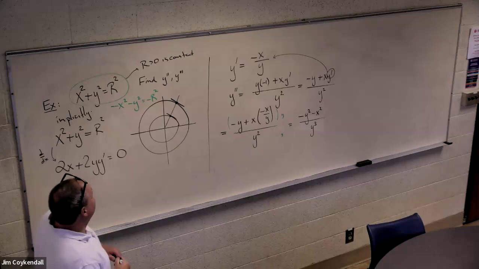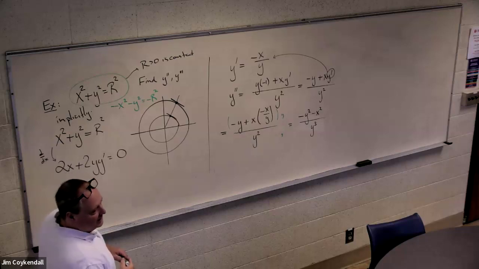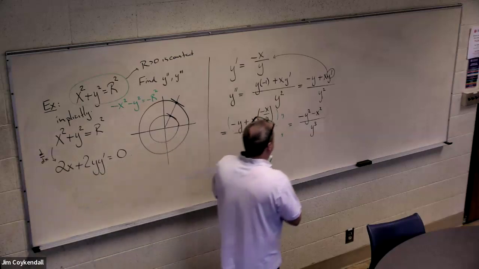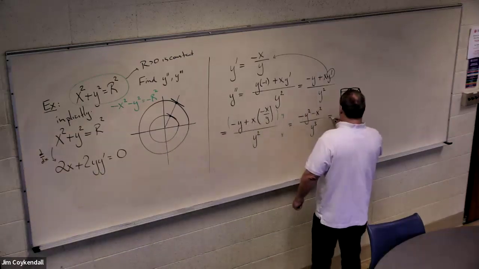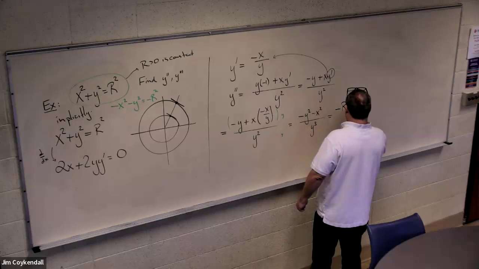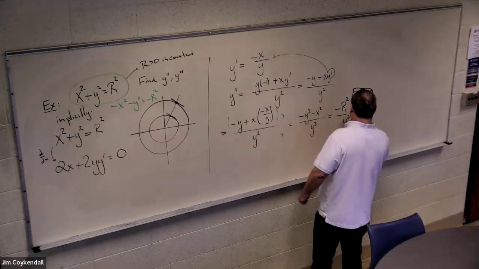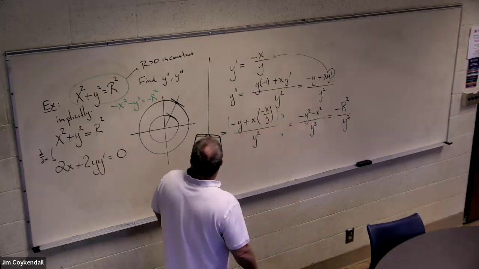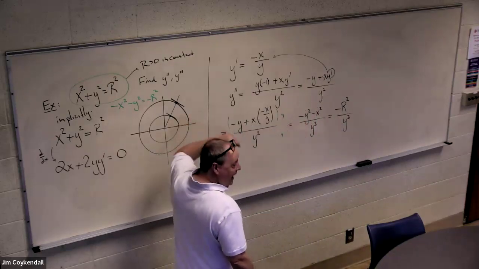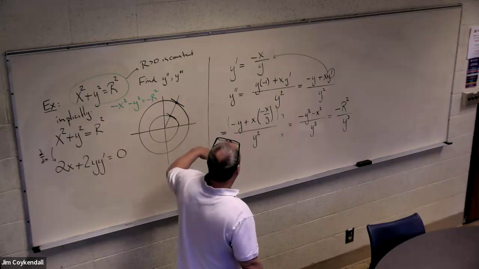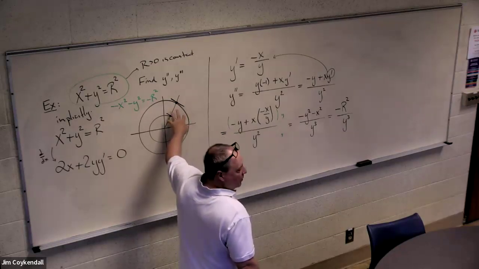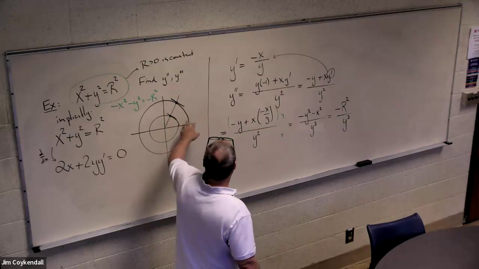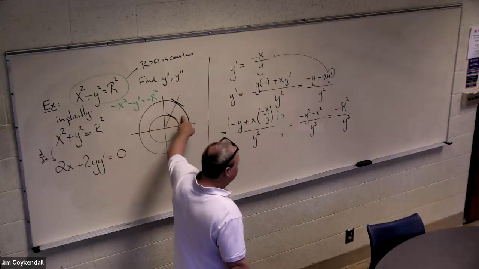So I can replace that numerator with minus R squared. That means basically the concavity depends only on what the radius is, which is a constant, and the y coordinate, right?